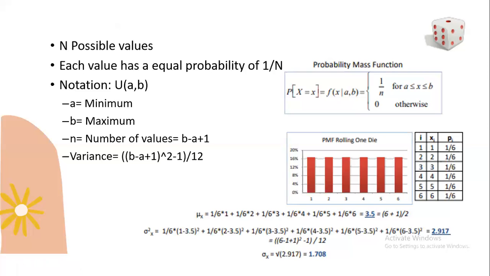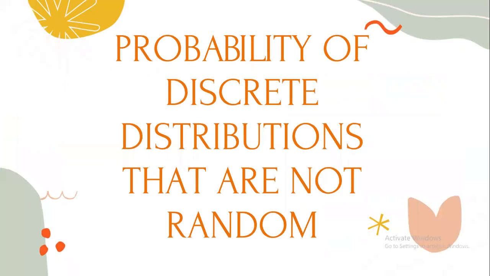When you take the square root of that, the answer is the standard deviation. So the square root of the variance is the standard deviation, and that is 1.708 in this example. Okay, so that was just a little overview of discrete uniform distributions.